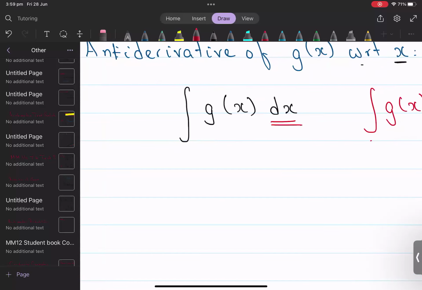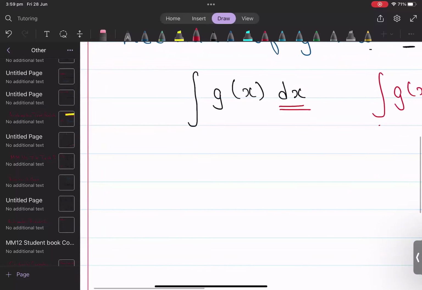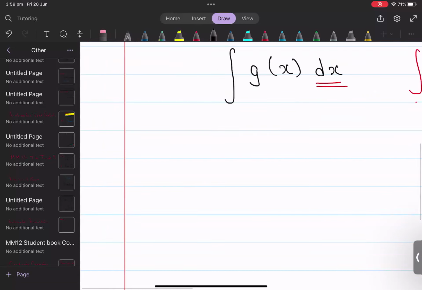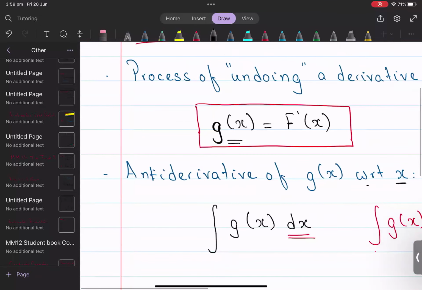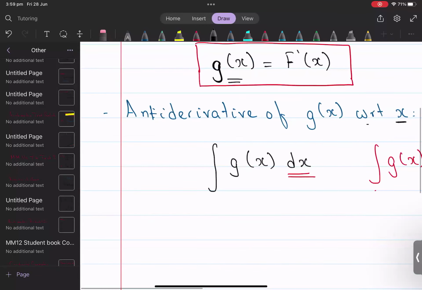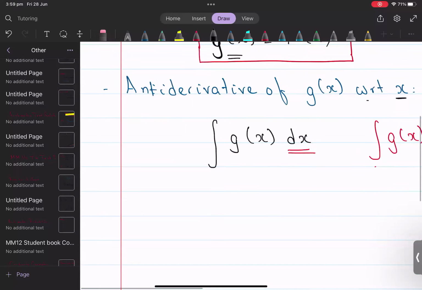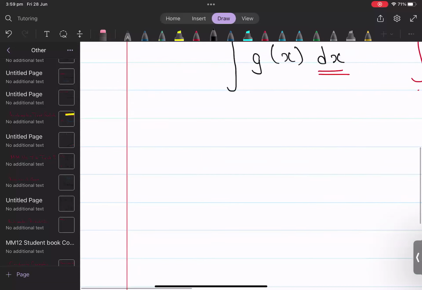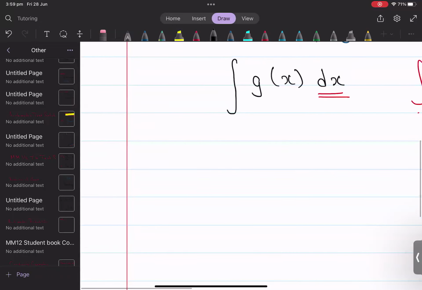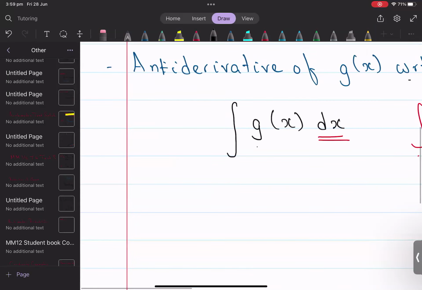Okay, well, you might ask me, hey, how do you go about computing this? How do you actually work out what the antiderivative of g(x) is? Let me tell you, it's not that difficult given our definition of g(x), which is the derivative of capital F. Every time we see an expression like this, we need to ask ourselves, what function do I need in order to undo this derivative?